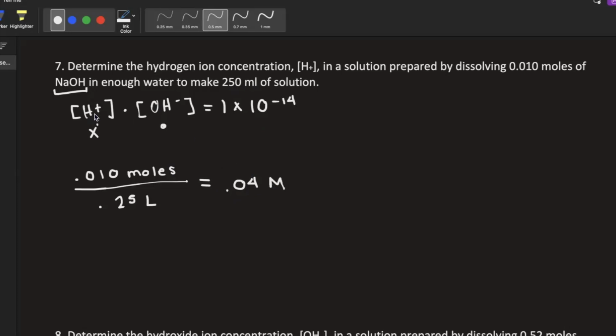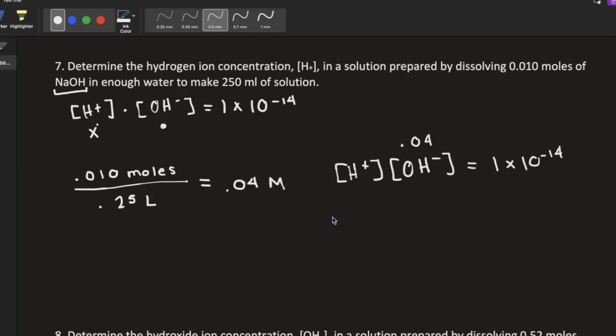Going back to this, H plus is our unknown, because we're trying to determine the hydrogen ion concentration, and our OH minus concentration is equal to 0.04. And all that equals 1 times 10 to the negative 14th. We plug everything in to determine this.